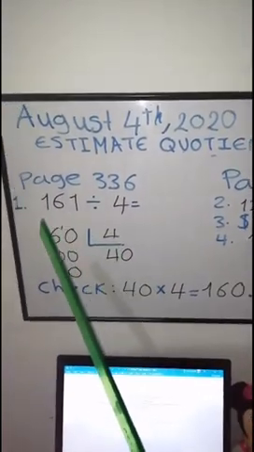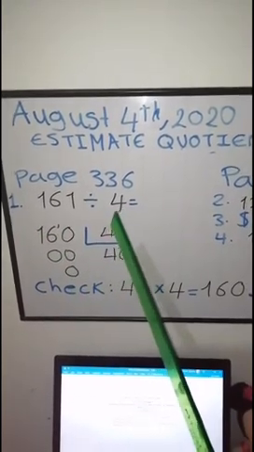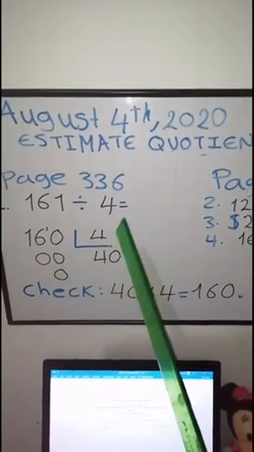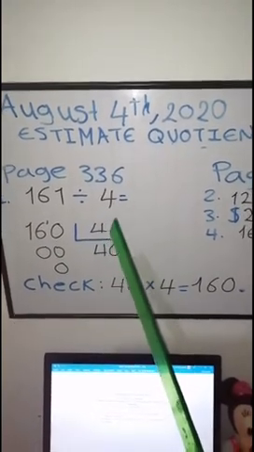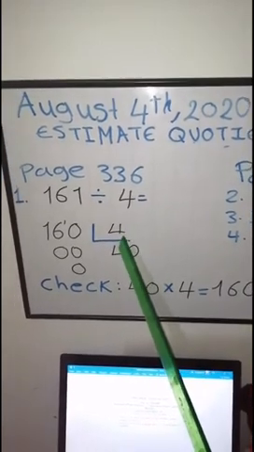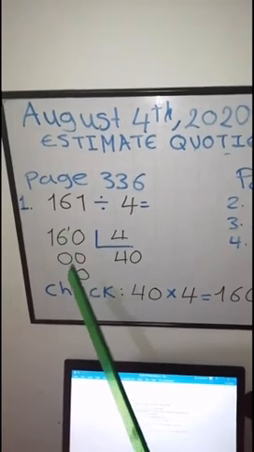We are going to take two numbers in the dividend and one digit number here. You are going to look for a number that you multiply by 4 that is equal or near to 16.